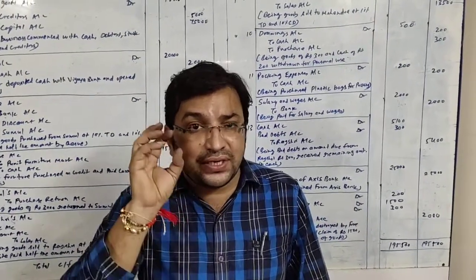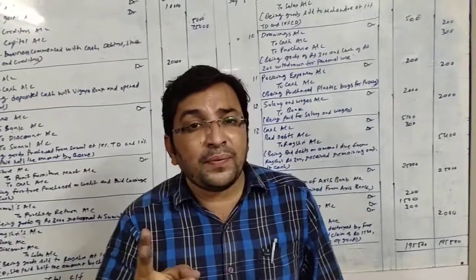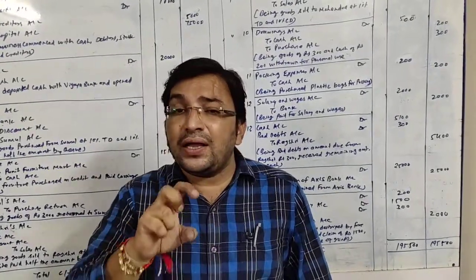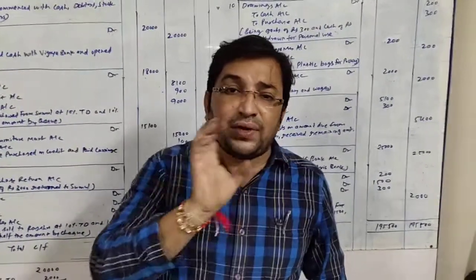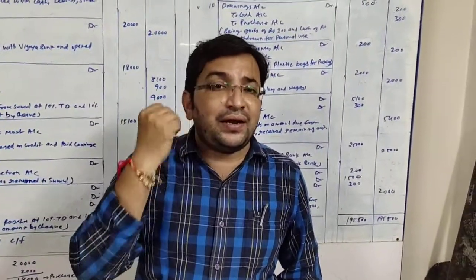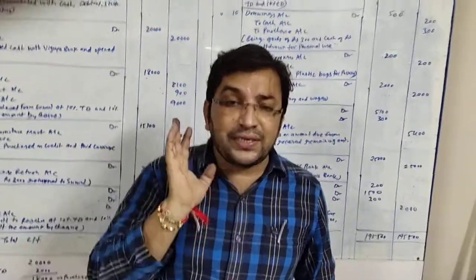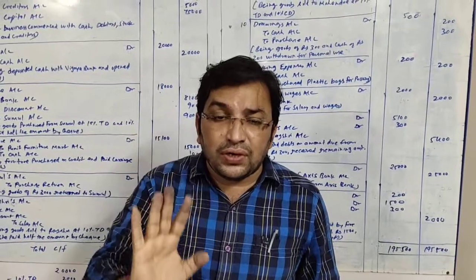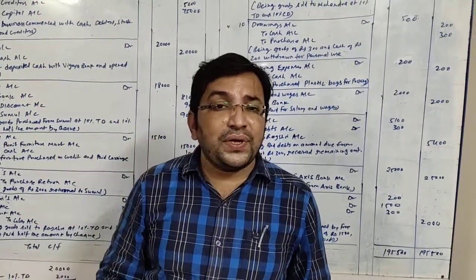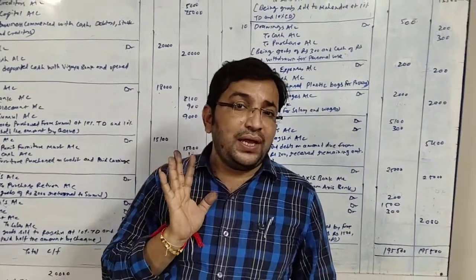The goods which was destroyed by fire is sold out. For what price? Rupees 200. So here our loss is of just 300. 1,500 is going to be received from insurance company, and 200 is received in cash as the goods has been sold out. So total 300 rupees loss will be there.